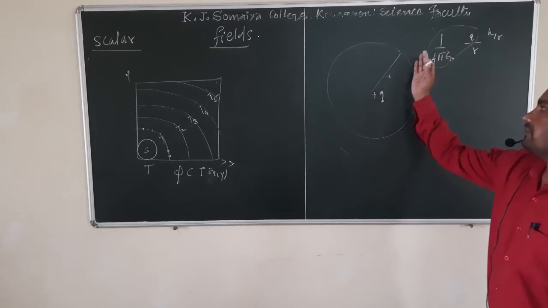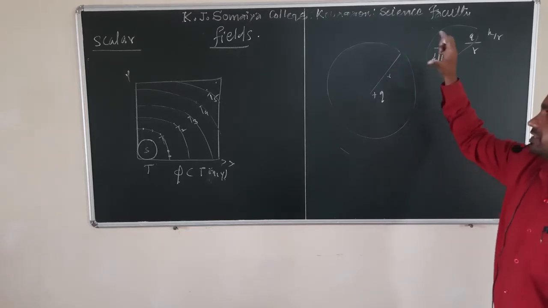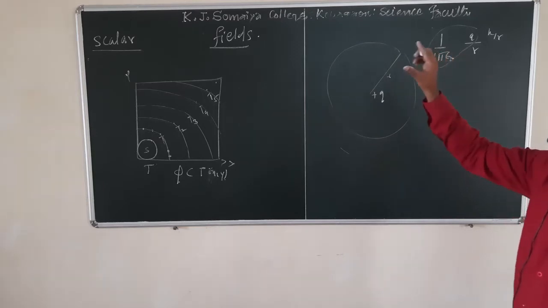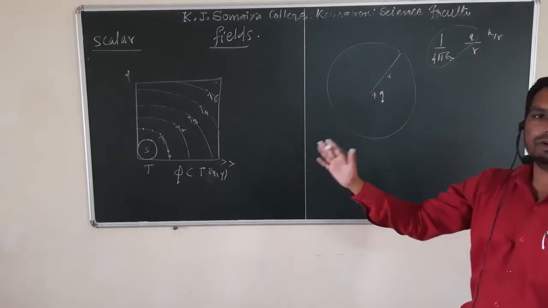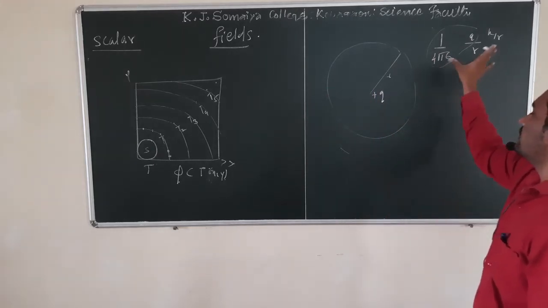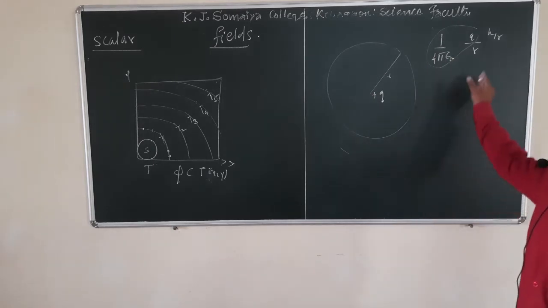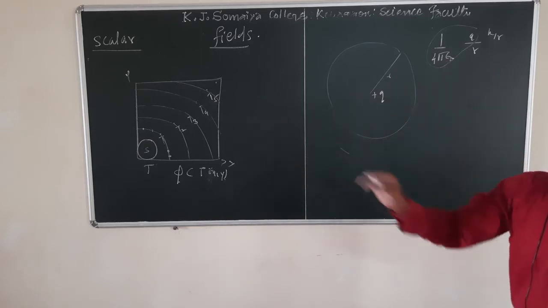In 3 dimensions we have a spherical shell having radius r. On that shell potential is constant. To represent scalar fields we need a scalar point function. Here the scalar point function is this potential. For gravitational we have already shown, and for temperature we have already shown.